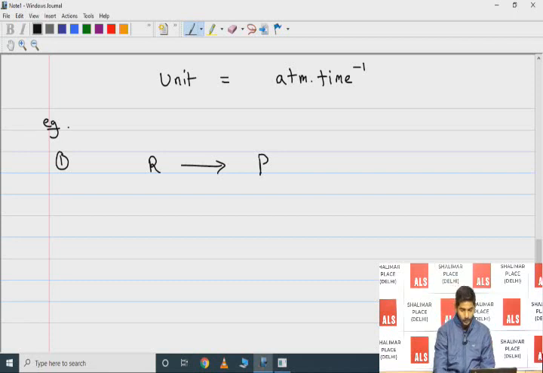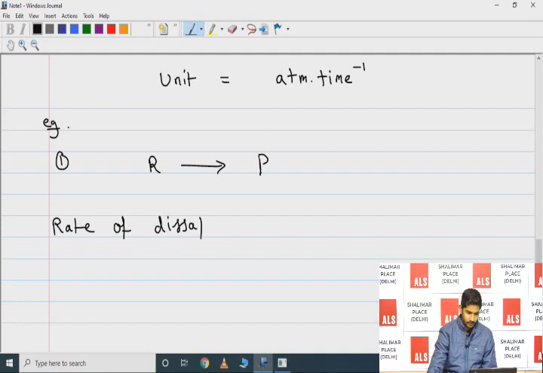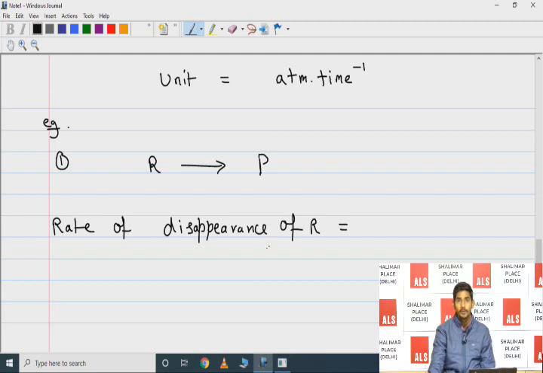So first of all, I would like to write the rate of disappearance of R. What can I say? D stands for the change.